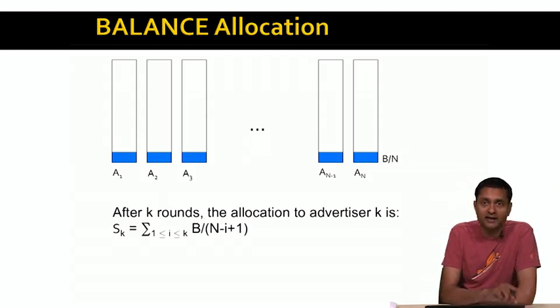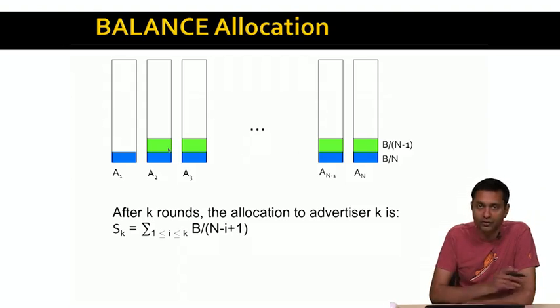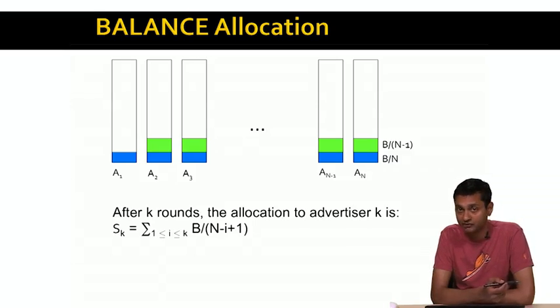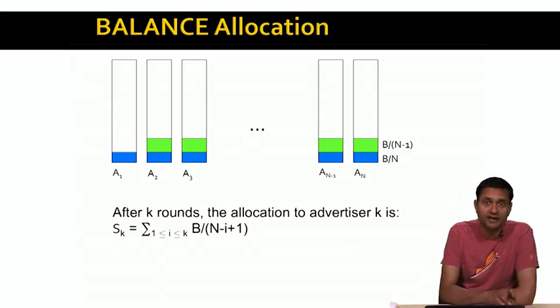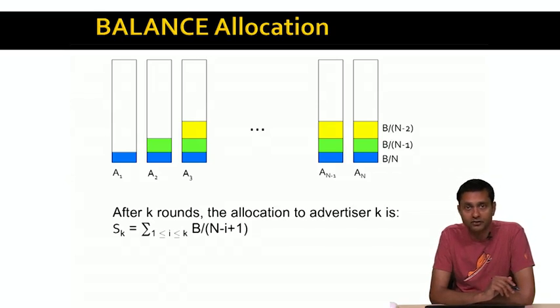And so the balance algorithm will end up assigning B by n minus 1 round 2 queries to each of the advertisers A2 through AN. Similarly, when the round 3 queries come in, the eligible advertisers are A3 through AN, and there are n minus 2 of them. And so the balance algorithm will end up assigning B by n minus 2 queries to each of the advertisers A3 through AN.